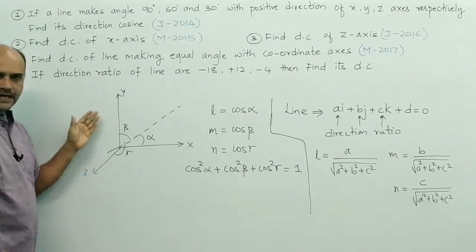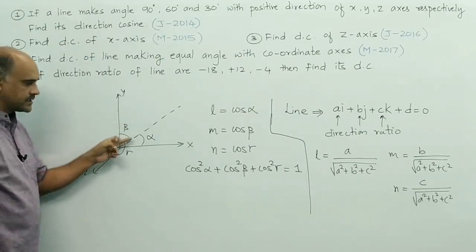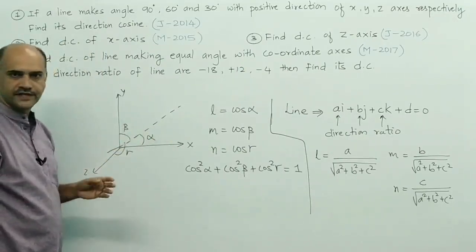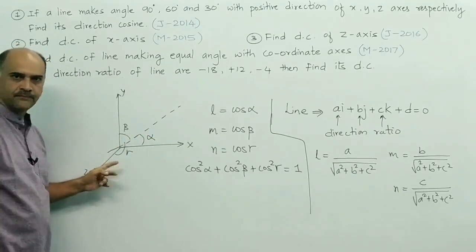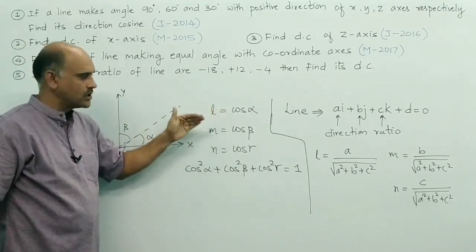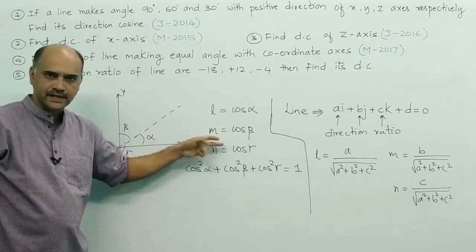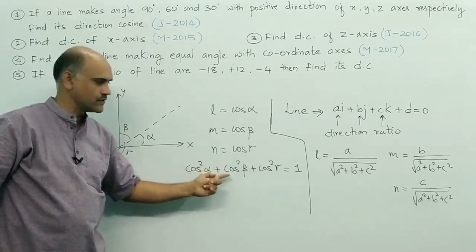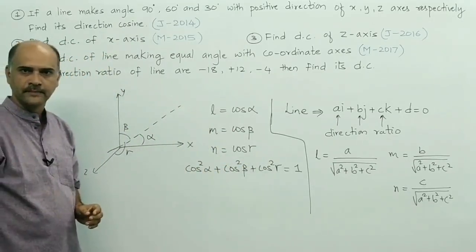So first, direction cosine. If a line is making an angle alpha with the positive direction of x-axis, beta with y-axis, gamma with z-axis, then cos alpha, cos beta, cos gamma are called direction cosines. The relation between the three is cos square alpha plus cos square beta plus cos square gamma is equal to 1.